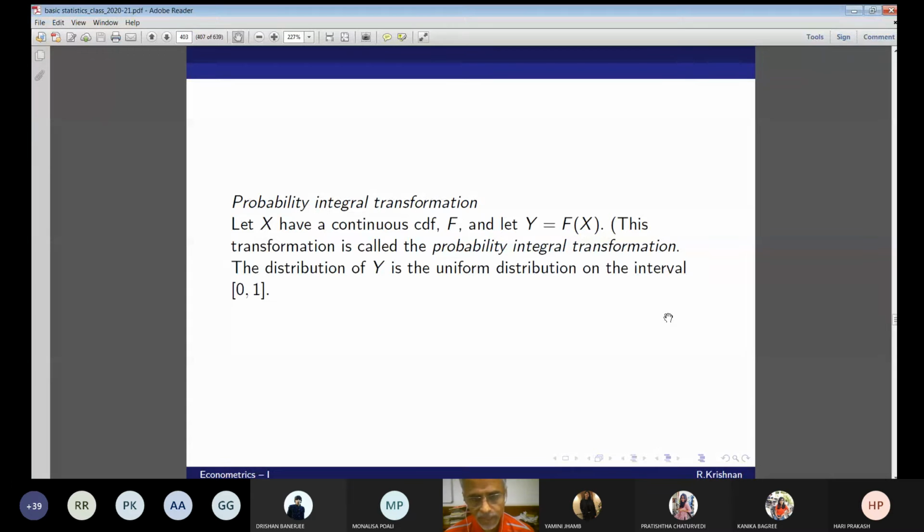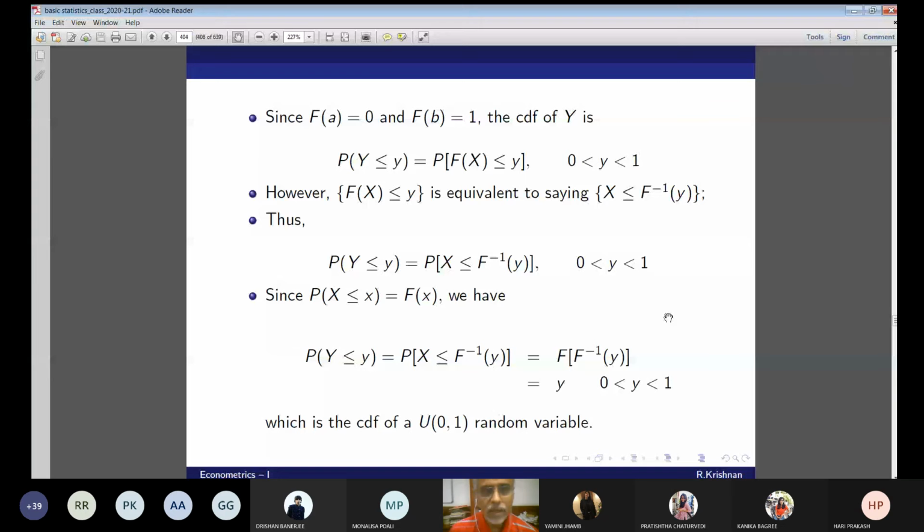So the distribution of Y is a uniform distribution on the interval 0, 1. How? Look at this. The CDF of Y, can we write it like this? Because I have defined Y to be F(X). Go through it.